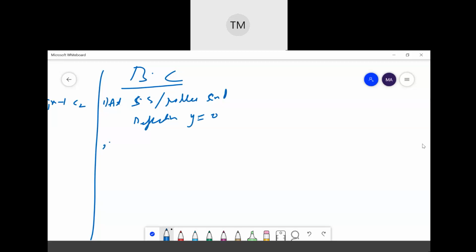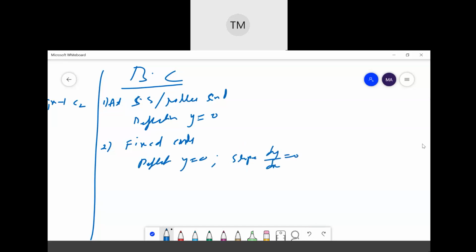The second boundary condition is, if you have a fixed end, at that point the deflection is 0, and the slope dy/dx is also 0.